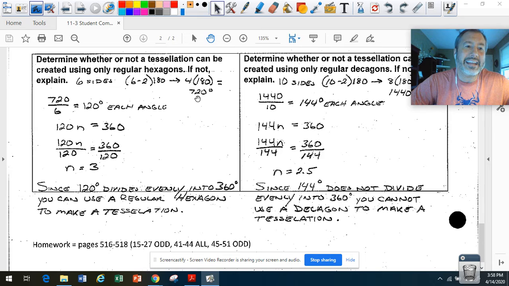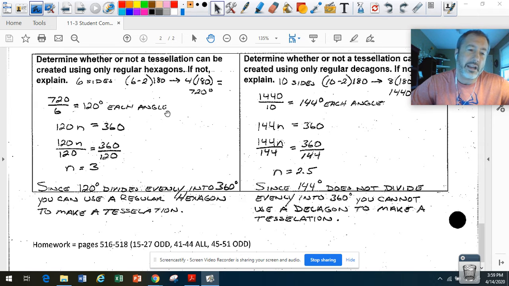So let's see what each angle is. If we take our 720 and divide it by 6, because a hexagon has 6 sides, we know that each interior angle of a regular hexagon is 120 degrees. So we want to see, hey, can we take a certain number of hexagons, put them together at one point to see if the angles will equal 360 degrees.